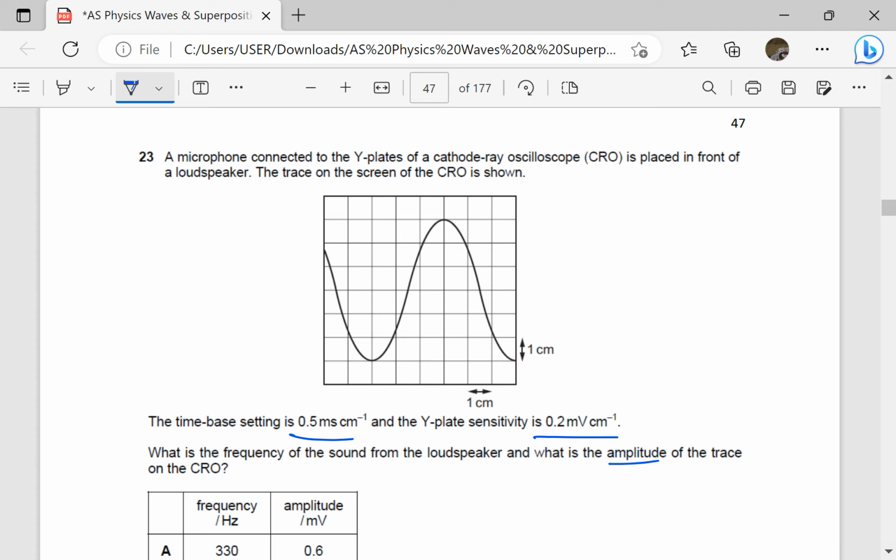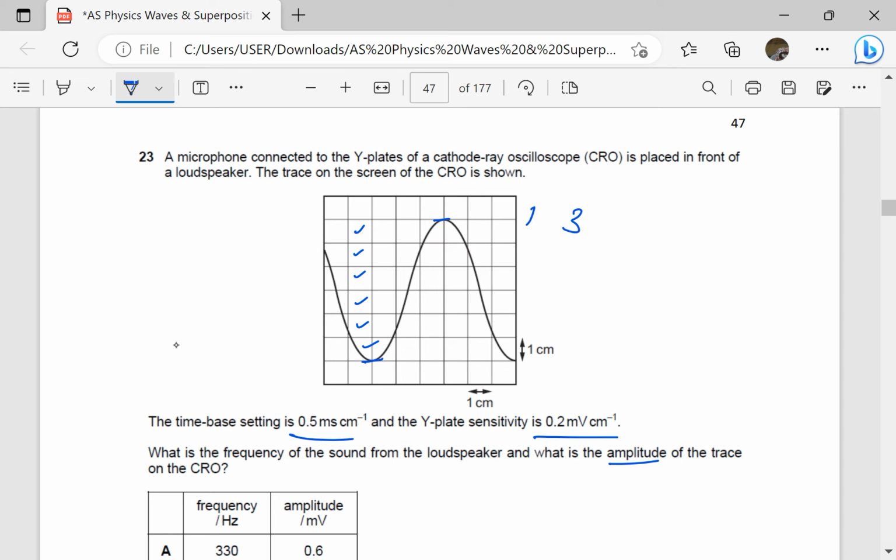For the amplitude, I will look at the peak to peak. This is 1, 2, 3, 4, 5, 6. So the amplitude is going to be 6 divided by 2, that is 3. The amplitude is represented by 3 divisions, or 3 centimeters.